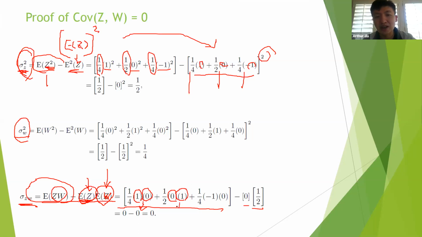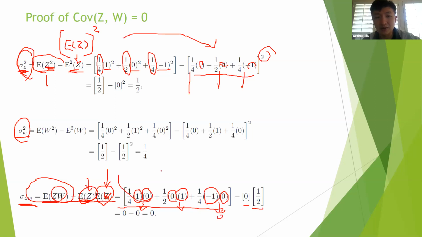So this gives you another value, right? And if the genotype is A2A2, Z equals -1, but W equals 0. So this gives you the third possible value, but all of them are 0.